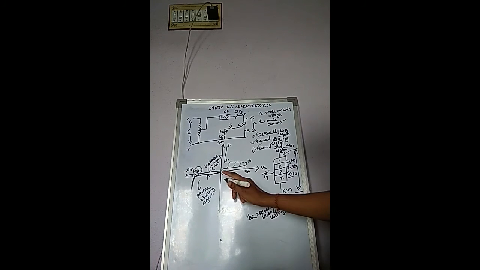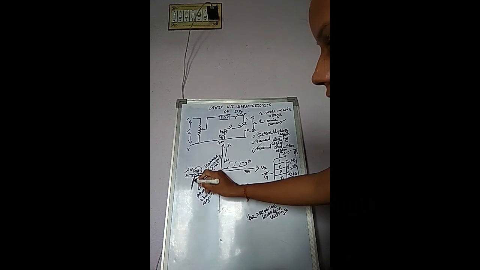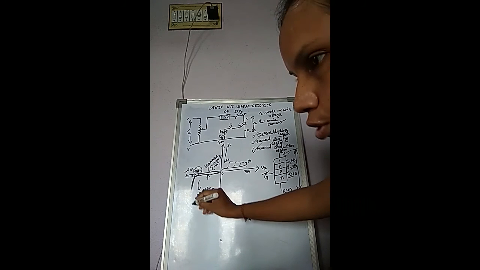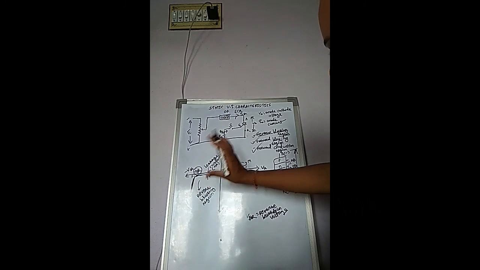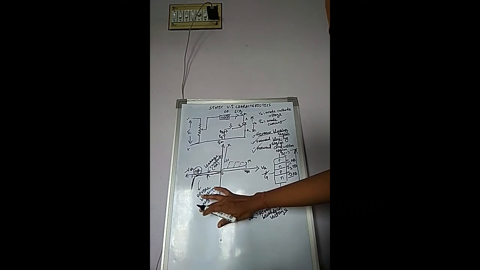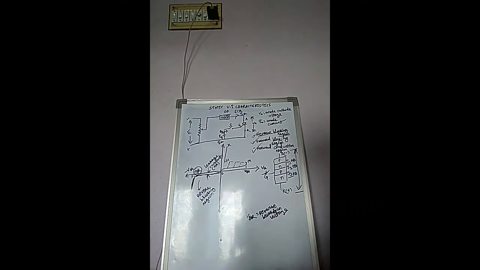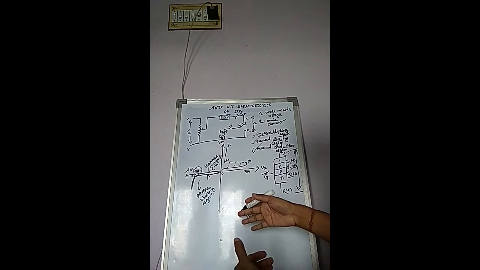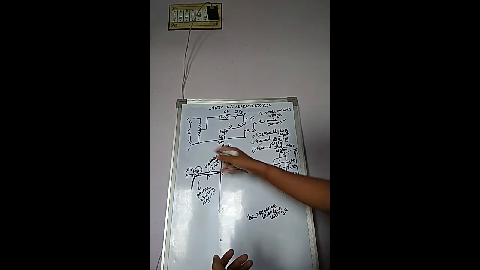If this current is not limited to a safe value, then power dissipation will increase to a dangerous level. Voltage is higher and current is also higher, and P is equal to VI, so the power dissipation will be at a dangerous level and this may destroy the device.